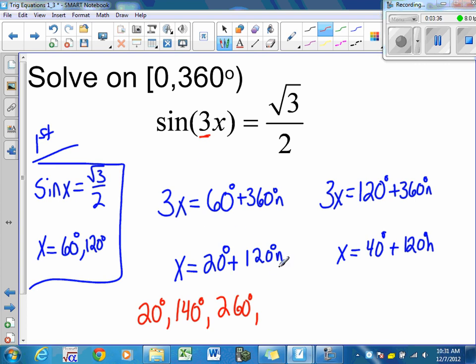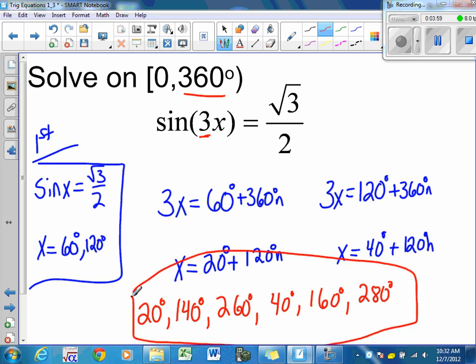And you can see why. If I put 3 in there, I'd get 360 plus 20. That's bigger than 360, so I stop. Go to the other one. When n is 0, I get 40. When n is 1, I get 160. When n is 2, I get 280. So there are my 6 answers.